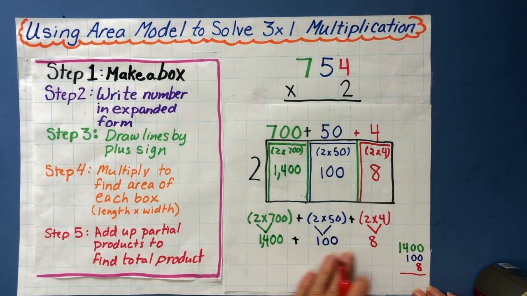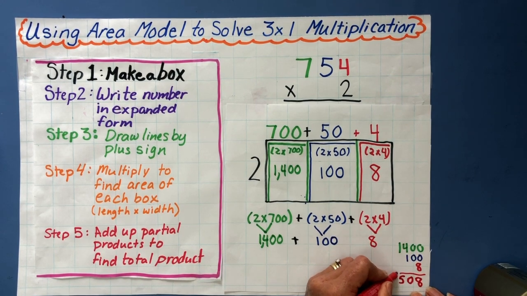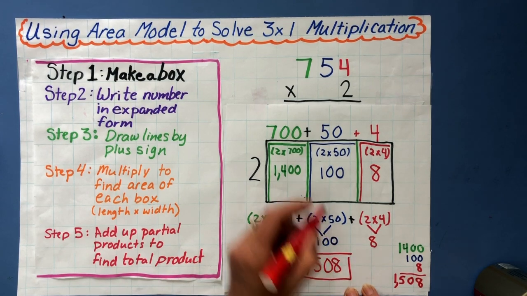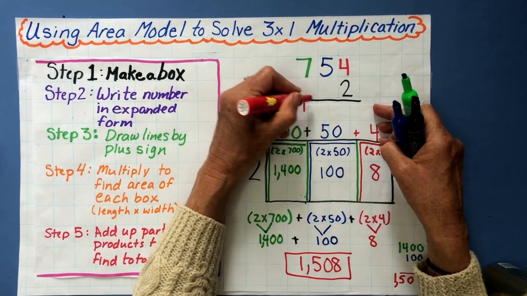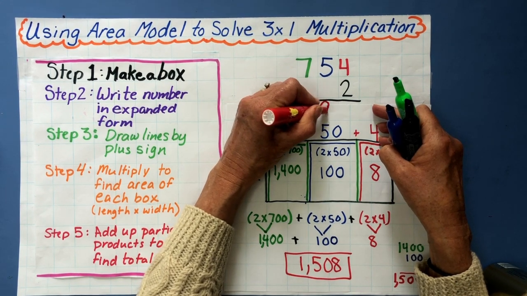So this problem to me looks like 1,508, but I'm going to double check by adding them together. 8, 0, 5, 1, and I did get the same answer. So the answer to this problem is 1,508. And I could put that up here so you remember what we were doing. 1,508.